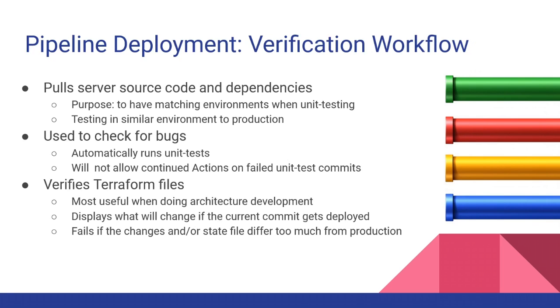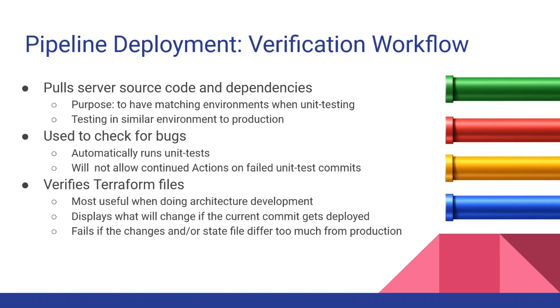So specifically, our verification workflow does a few things. One of the first things it does is pull our source code and the dependencies of our source code. The purpose for this is just to have matching environments for running our unit tests. We automatically run our unit tests in our pipeline in the verification workflow, just to make sure that we aren't pushing any errors and aren't deploying any errors.